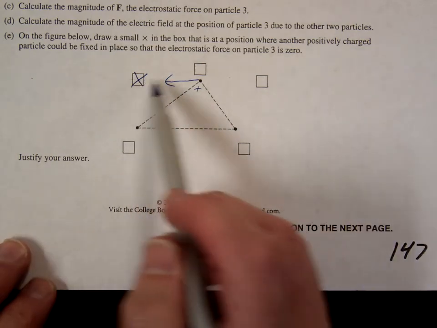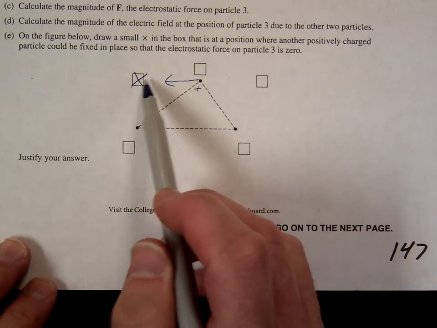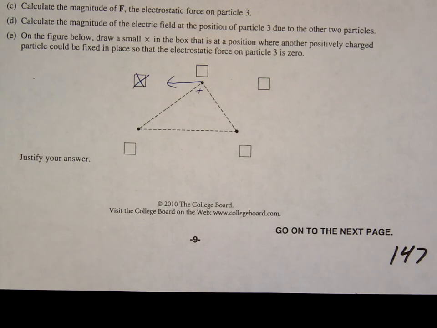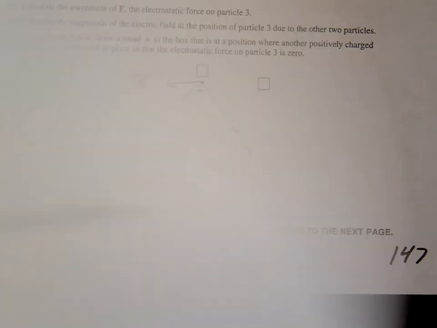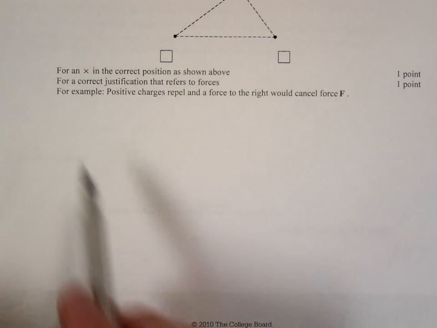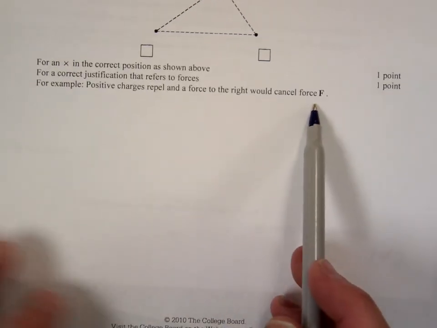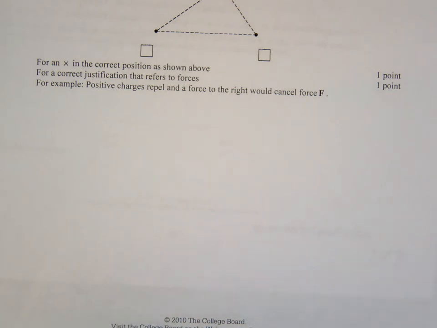Basically, you want to oppose the direction. A positive charge right here will push with the force in this direction, and the net force would therefore be 0. Let's see what they actually said. For example, positive charges repel, and a force to the right would cancel the force F. So 2 points for that.